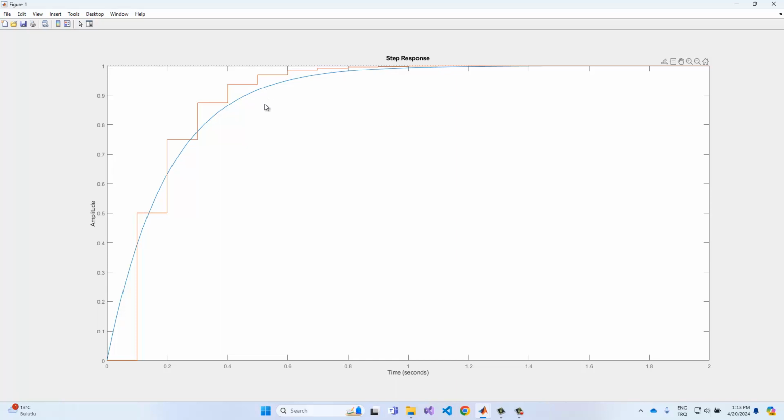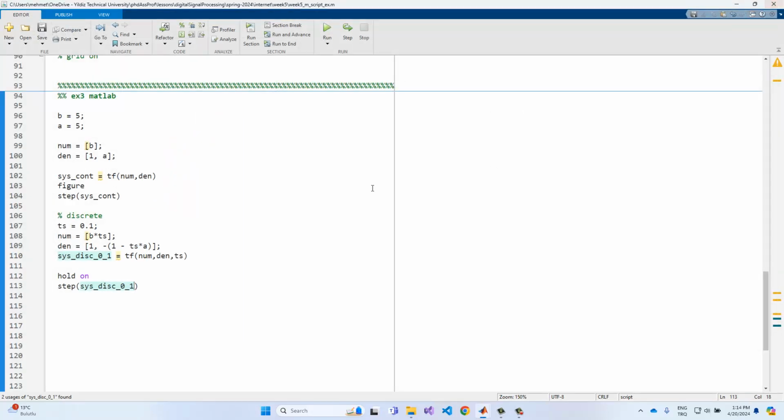This is the continuous one. But if we are taking any measurement from the system, such as using the ADC converter, then we will have this kind of signal inputs in here. Just remember that.